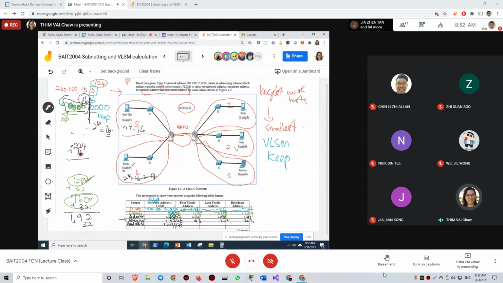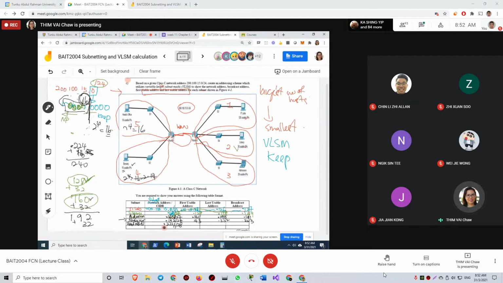So then you plus 16, you get 240. Okay, if let's say you don't plus 16, you plus 15. You don't use the magic number, you minus 1 from this magic number, meaning that you get the broadcast address. But now I'm going to plus 16. I use the magic number here, plus 16, I will have 240.